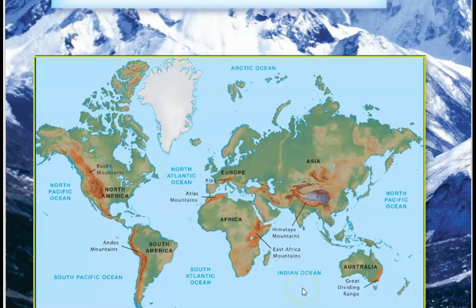And then if we look up in Europe, we can see the Swiss Alps right there. And then over in Asia, we've got the Himalaya Mountains right here. And then down in Australia, it's pointing out the Great Dividing Range right there. All right, so that is our lovely map that's showing us all these different mountain ranges.